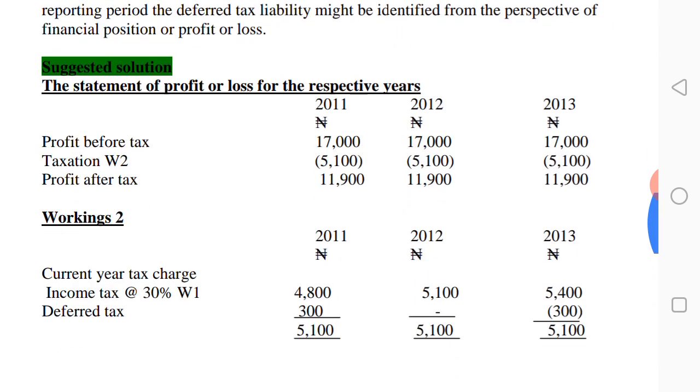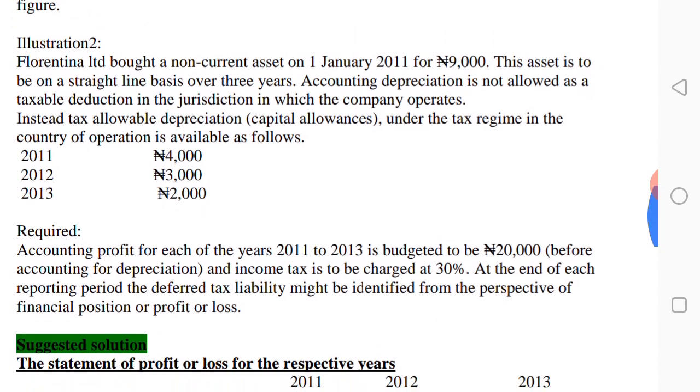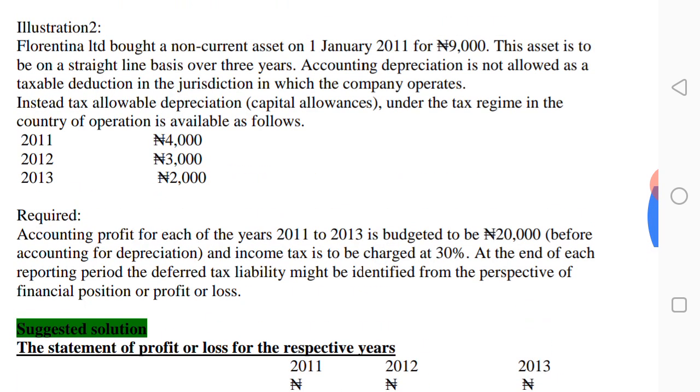Now, for this question, we are given a non-current asset of 9,000 and the capital allowance, so we look at items that will affect the financial position and after that the profit or loss. The first thing is to compute the tax, because you are given budgeted profit, so you must know the profit for the period.